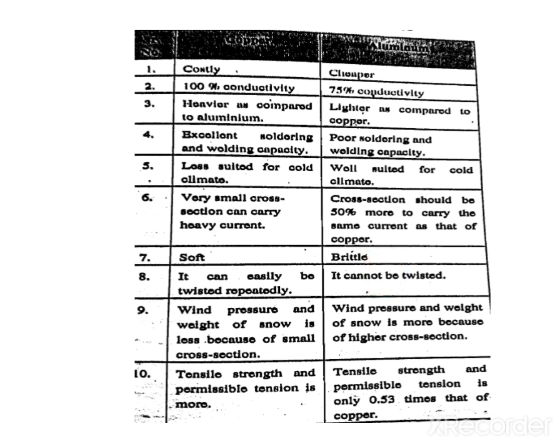As the cross-sectional area of copper is less, the wind pressure and the weight of snow are less in the case of copper, and the cross-sectional area of aluminum is more, so the wind pressure and the weight of snow are more in the case of aluminum. The tensile strength and permissible tension in the case of copper are more, whereas those of aluminum are only 0.53 times those of copper.